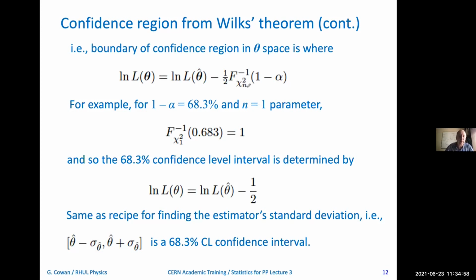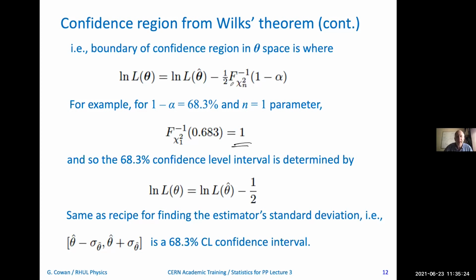So as an example, let's suppose that we take the confidence level of the confidence interval to be equal to the probability content within plus or minus 1 sigma of a Gaussian. That's 68.3%. And let's suppose that we have one parameter. For that particular case, the chi-squared quantile for 1 degree of freedom of that probability is identically equal to 1.